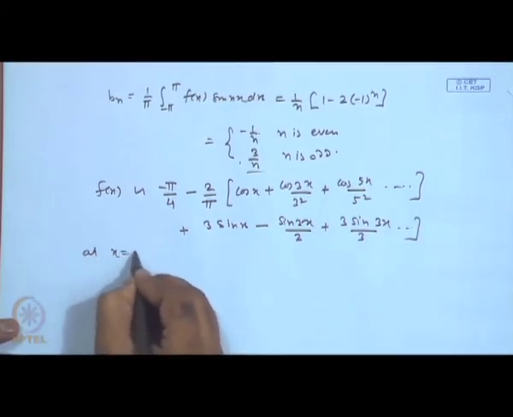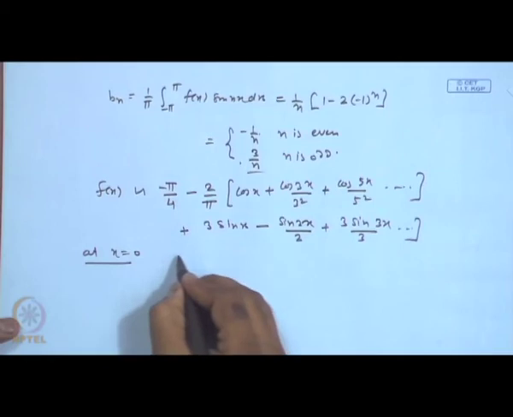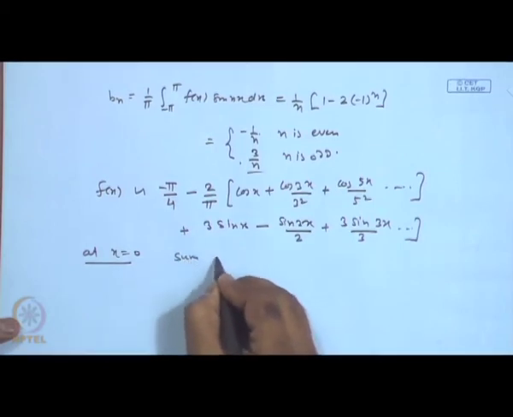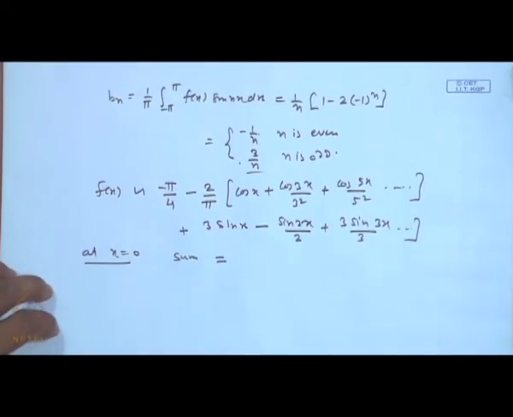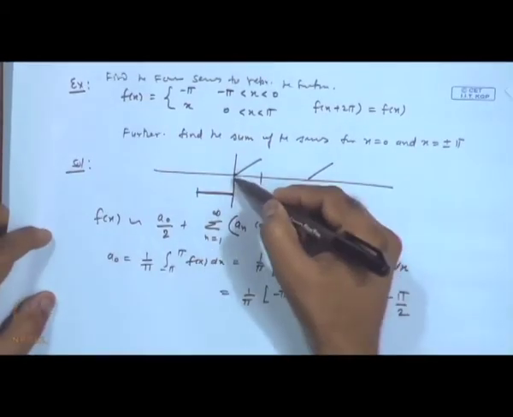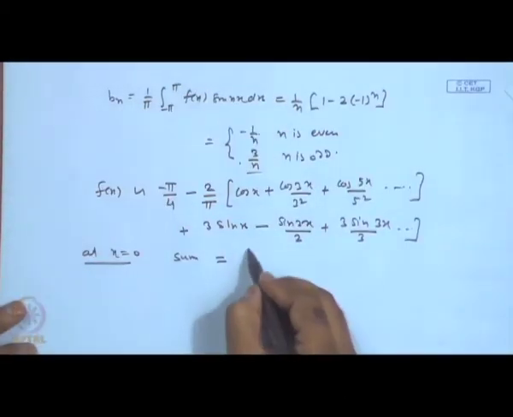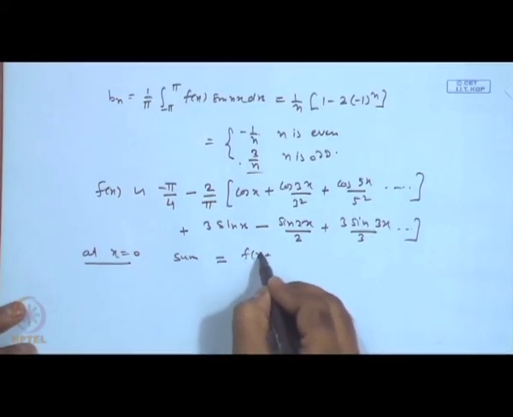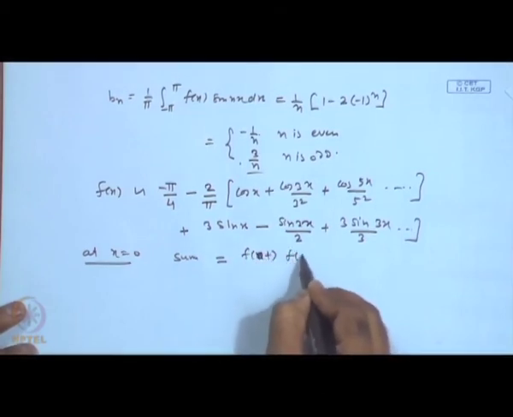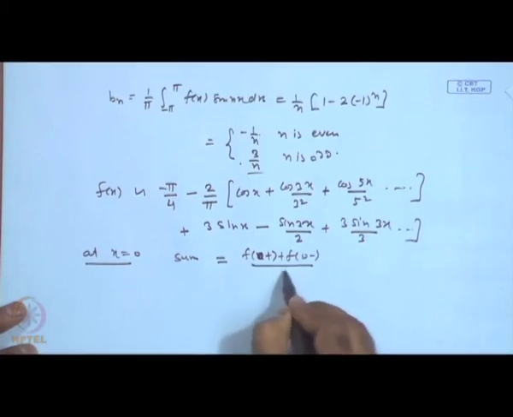Now, at x is equal to 0, what will be the sum of the series? If we just see here, at x is equal to 0, we have to take the average of these two values, that is 0 and minus pi, divided by 2. So, we have to take f 0 plus and f 0 minus divided by 2.